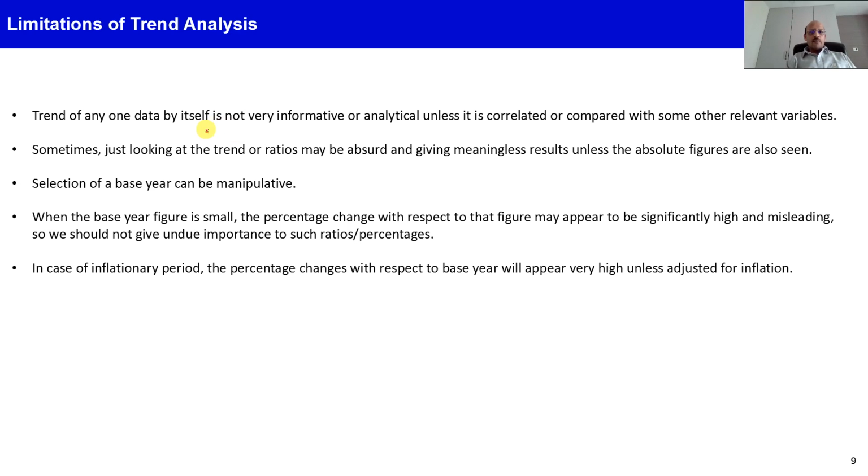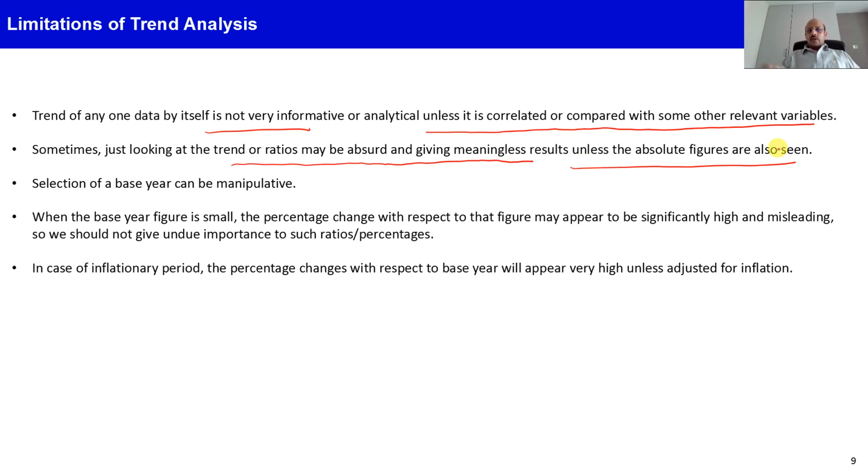This is not very informative unless you correlate or compare with some other relative variables. For example, sometimes you compare the index with an irrelevant variable, then it has no meaning. Looking at the trend or ratios may be absurd or meaningless unless you also know the absolute figures.